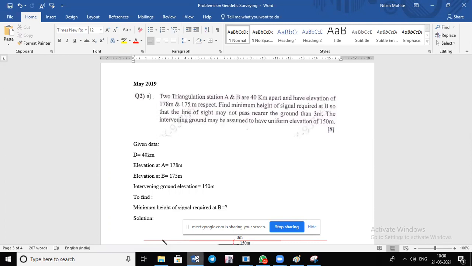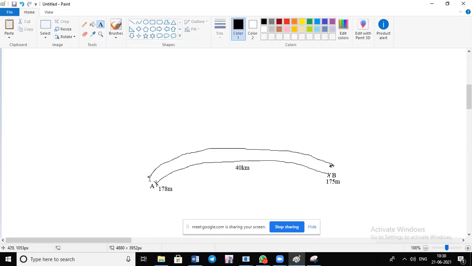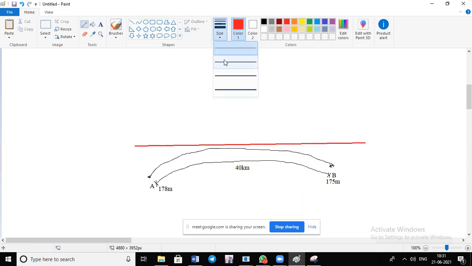The line of sight which bisects A and B, from which A and B will be intervisible, should be passing at a distance of minimum 3 meters.